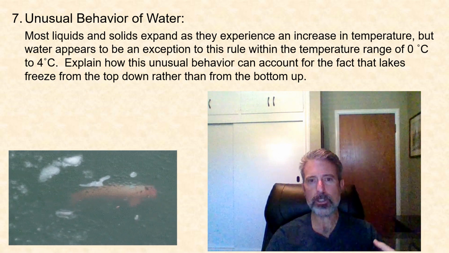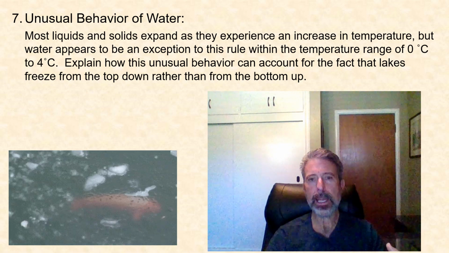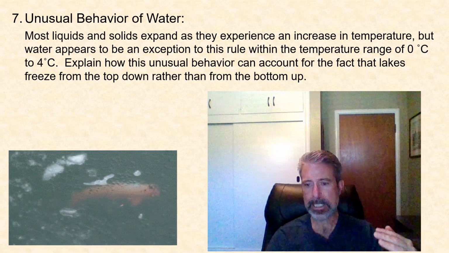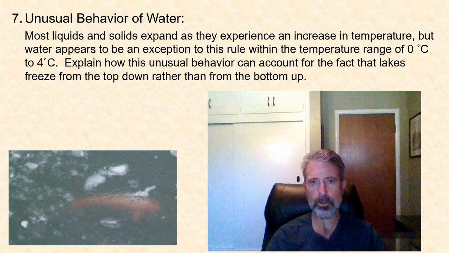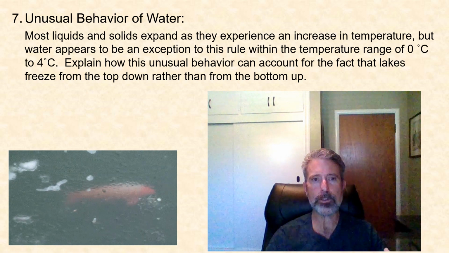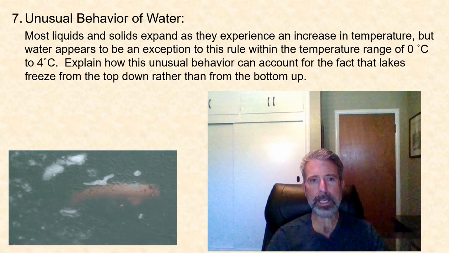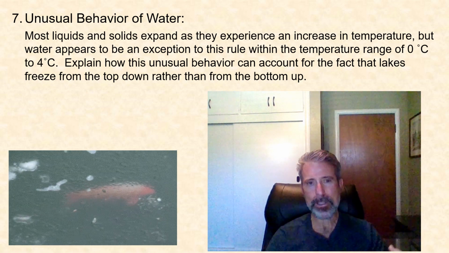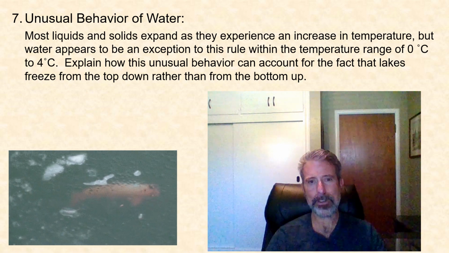As that surface water, from 4 degrees down to 0 degrees Celsius, is less dense, it will stay on the surface, and will now freeze. So this is why we end up with the ice being on the surface, rather than forming on the bottom of the lake.